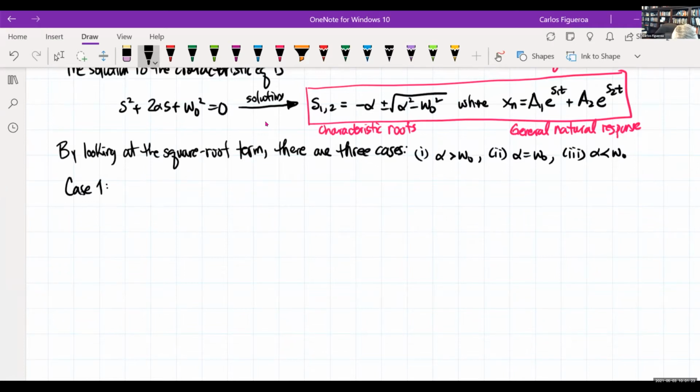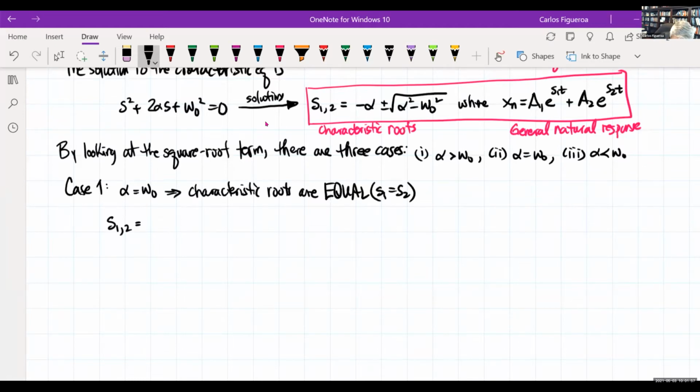So if I have alpha equal to omega naught, which is the easiest one, then this implies here is that the characteristic roots are equal. That's a critical one, right? So that means S1 is equal to S2. So when I look at this thing here, then that means S1 and S2 in this case is going to be minus alpha plus or minus 0.